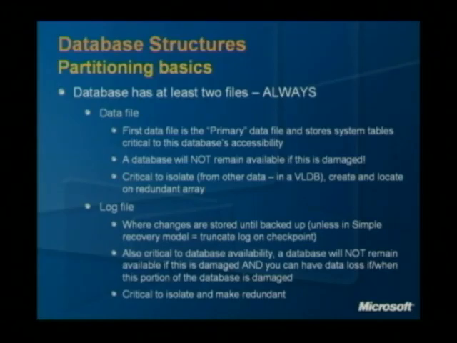That file is actually critical in 2005, more critical than it's been in almost any version of SQL Server prior to 2005. So what's important is that if you want to use this strategy, you may want to make this first data file small, isolate it, put it on its own file and file group, and not put any user-defined objects in it.